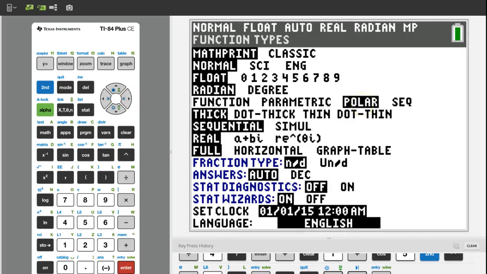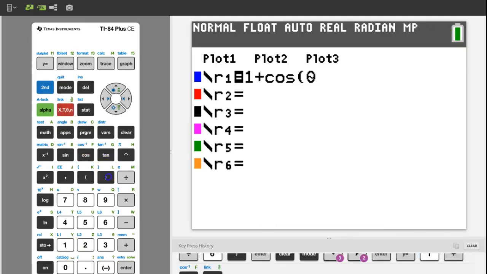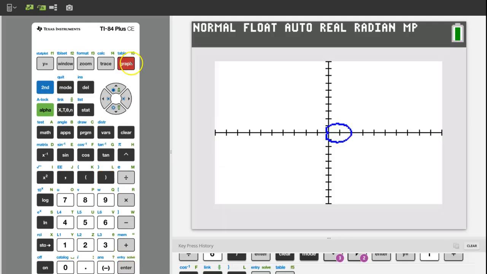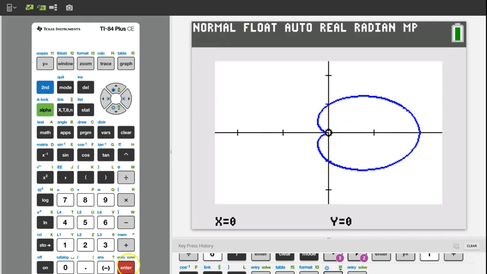Once you hit the polar, you hit y equals, and you write 1 plus cosine theta here. And if you graph now, you can zoom in a little bit. That's going to give you a polar equation. Okay. You can always find the table of values and trace them. But this is your basic graph. You can always check using calculator that you got a correct graph.